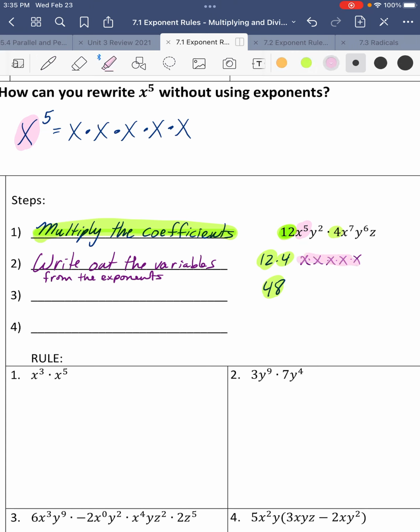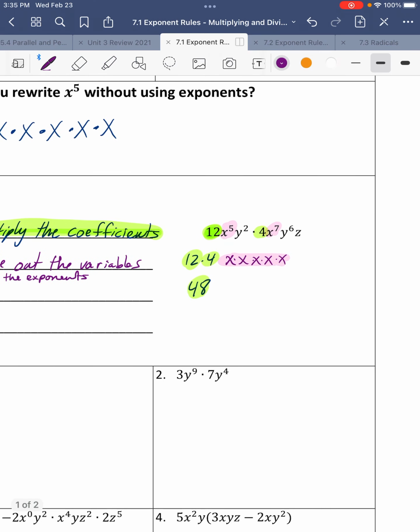That's x to the fifth. X to the seventh is 7 x's. So we're going to keep going. 1, 2, 3, 4, 5, 6, 7. So that's 7 x's. When you multiply those all together, how many x's do you have total? We have 1, 2, 3, 4, 5, 6, 7, 8, 9, 10, 11, 12. 12 x's, so that's really going to be x to the 12th.